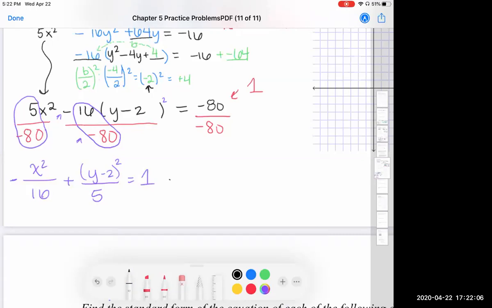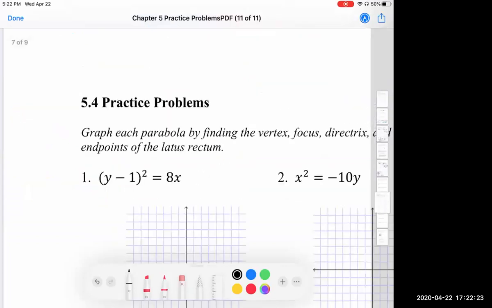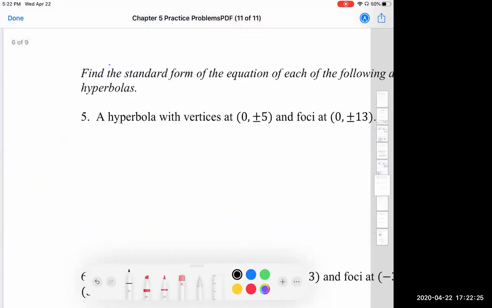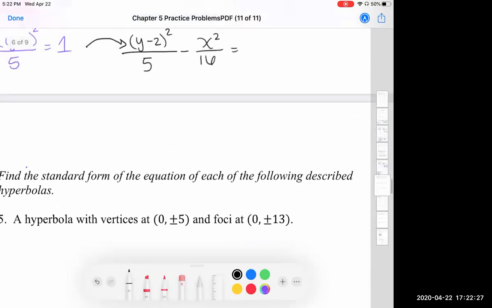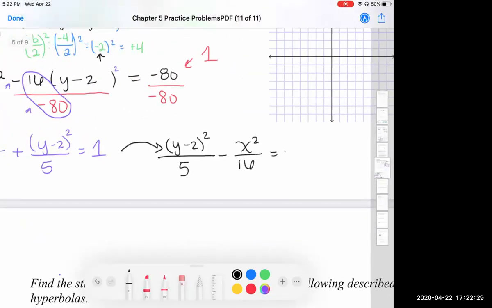Okay, now I'm left to rewrite my problem. So I have the minus in the bottom, so that I have y minus 2 squared over 5 minus x squared over 16 is equal to 1.